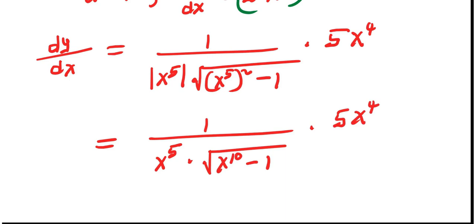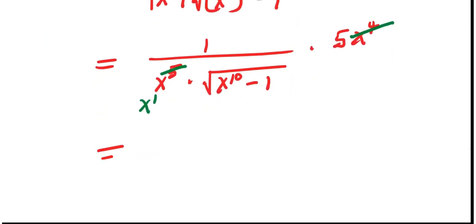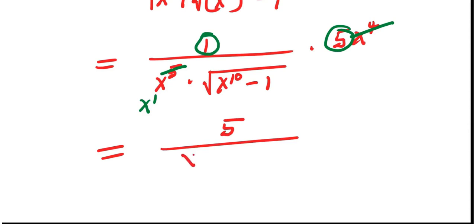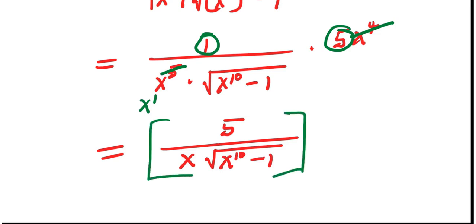So x to the 4th power can simply cancel x to the 4th power from here, leaving you with x to the power of 1, which is the same as x. So this 5 can multiply this 1 to give us 5 over x times the square root of x to the 10th power minus 1. So this is the answer to this question, and I hope it makes some sense.